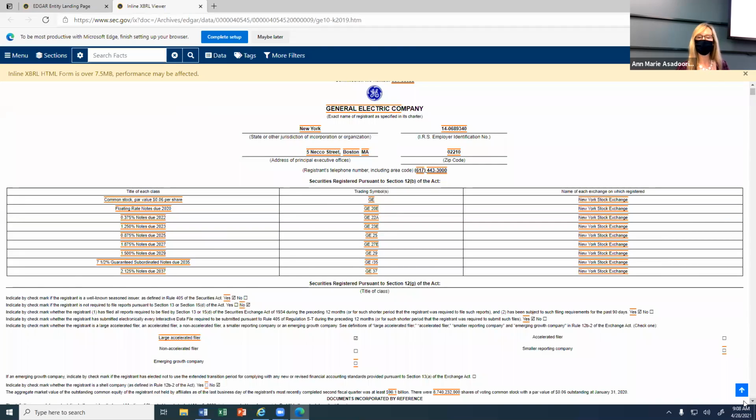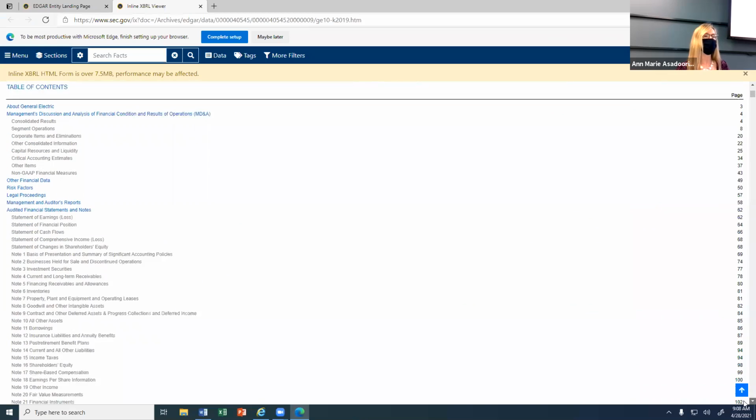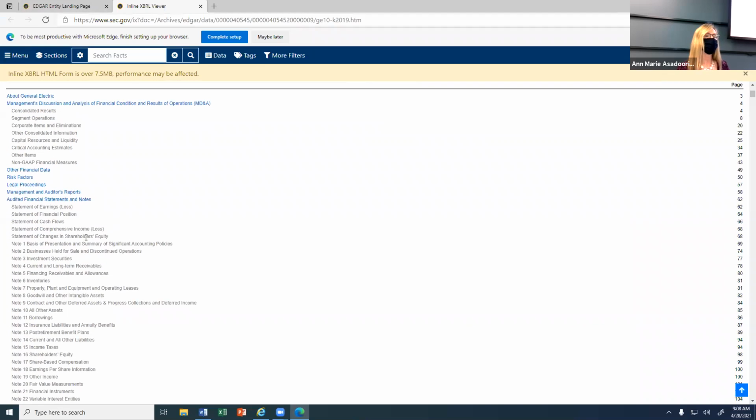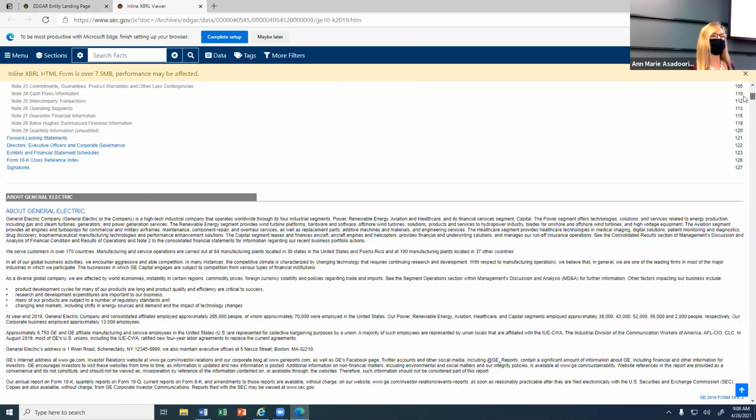So I wanted you to read the management discussion and analysis and get management's take. And so here's your management discussion and analysis, particularly those segmented operations. And then here's your financial statements. And then look at all the notes that come with those financial statements.